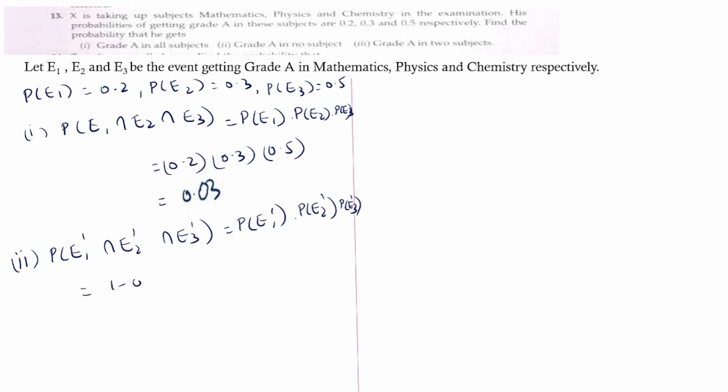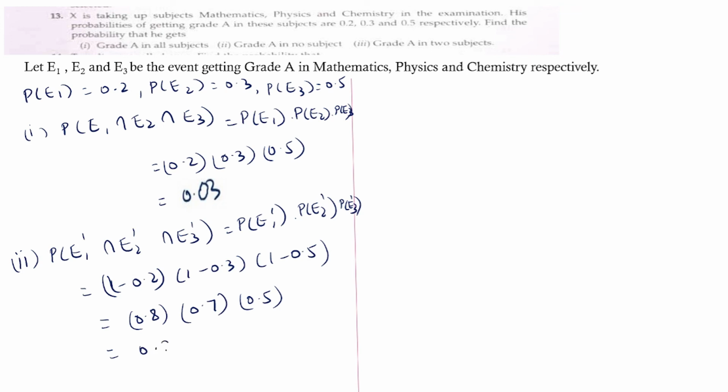Now this is equal to 1 minus 0.2 into 1 minus 0.3 into 1 minus 0.5. So it is equal to 0.8 into 0.7 into 0.5. And this is equal to 0.28.